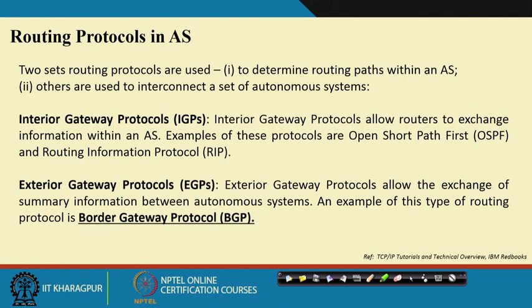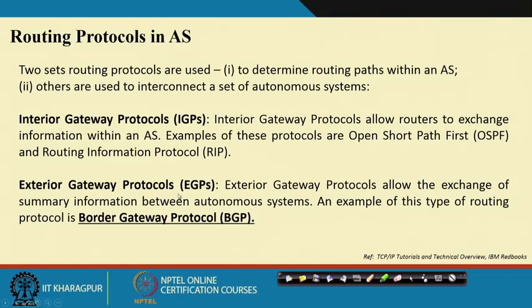So, what we are talking about is routing protocols. One category is interior gateway protocols, IGPs. An interior gateway protocol allows routers to exchange information within an autonomous system. Examples of these protocols are OSPF and RIP. The predominantly used protocol is OSPF.